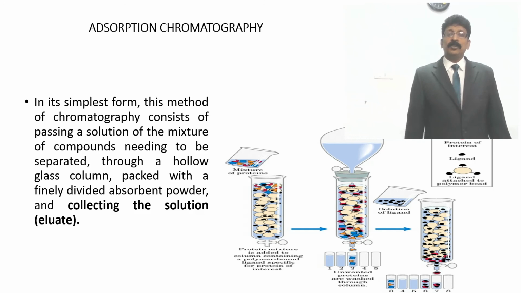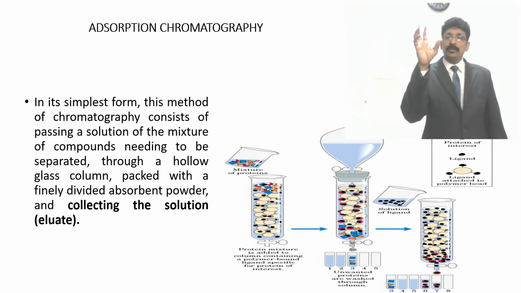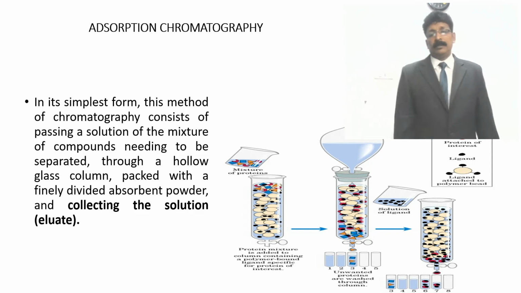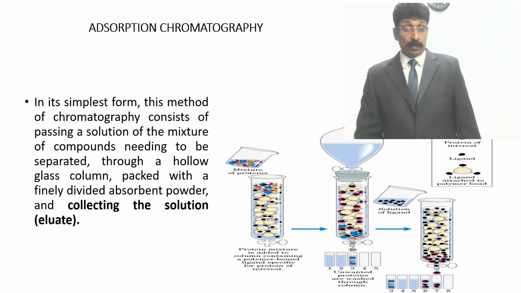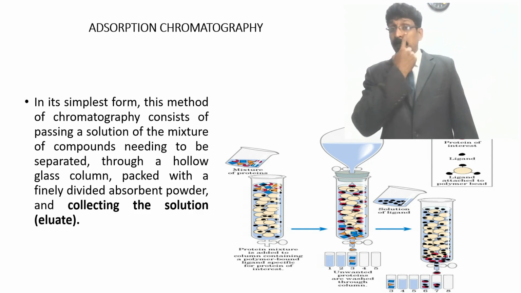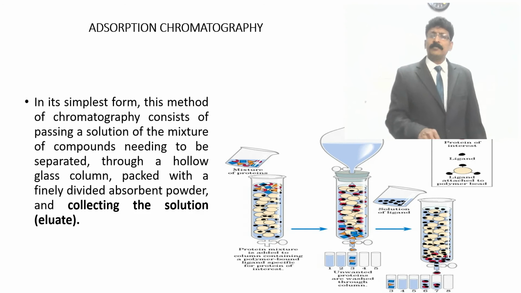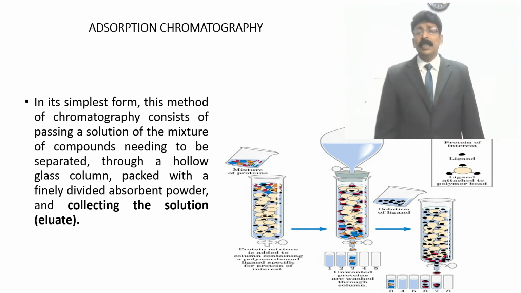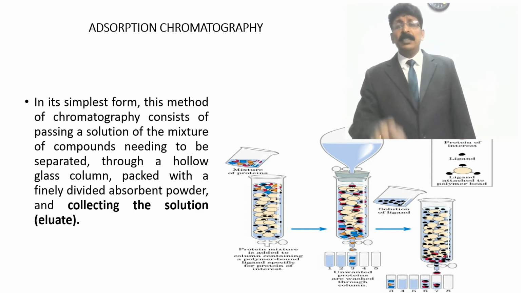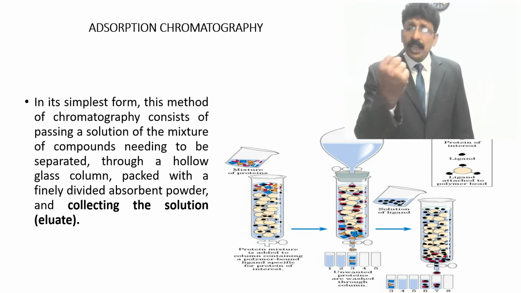In the second step, when you add a solution in a separating funnel, there is a blue color solution as a mobile solvent. It takes all the other proteins except the red color protein. Why? Because the red color protein has been made to stay there by means of a ligand, another compound which can hold it.